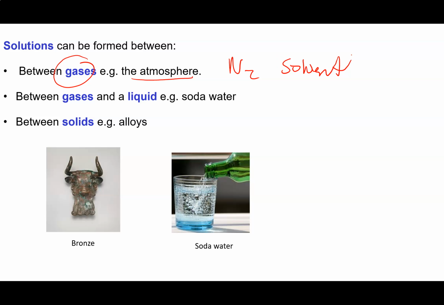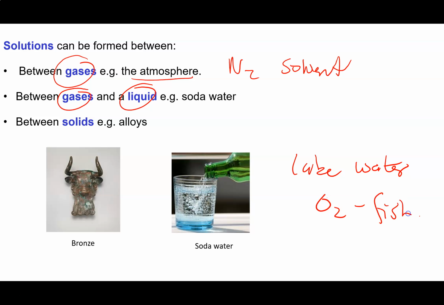Nitrogen is the gas that is present in the greatest amount in the atmosphere. They can also form between gases and liquids, and a good example of this would be lake water. There's very obviously oxygen in a lake because, fish, right? Fish need oxygen to stay alive, so there are definitely gases dissolved in all natural waters.